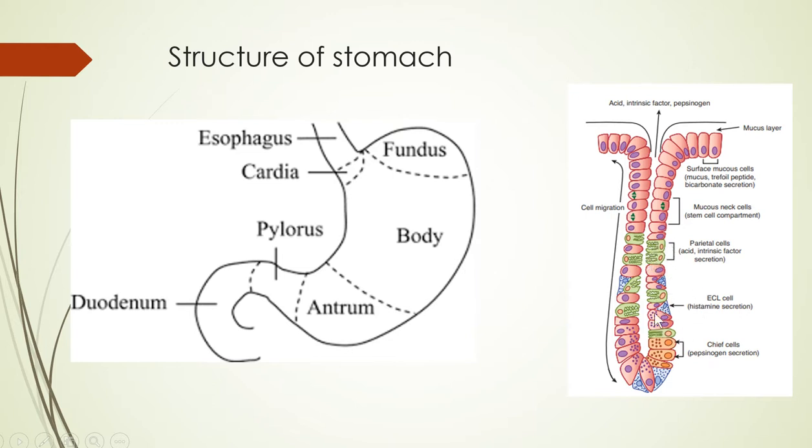There are other cells also which influence acid secretion in many ways, we'll be seeing in coming videos. There are enterochromaffin cells, and chief cells which secrete pepsinogen. Apart from these, there are D cells and G cells, they secrete gastrin. We'll see the function of them, but you should know the division of the stomach and the different cells in the gastric pits. These depressions are called gastric pits.